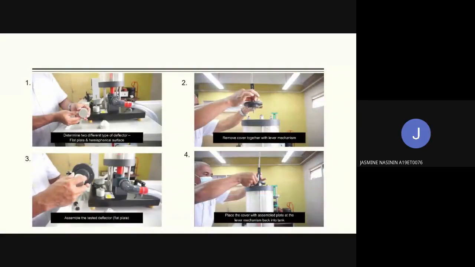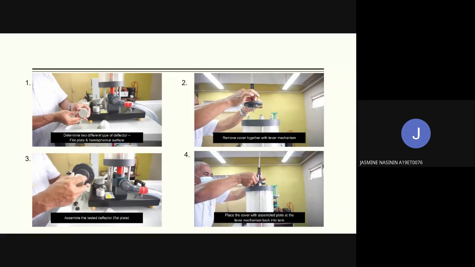So this is the methodology for the experiment. First, we have to determine the two different types of deflector, which are the flat plate and the hemispherical surface. Second, we must remove the cover together with the lever mechanism and assemble the tested deflector, which is the flat plate.